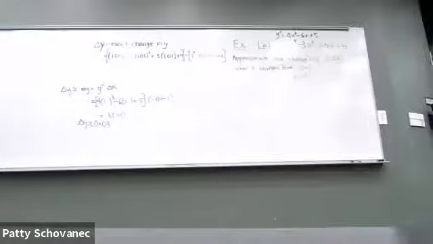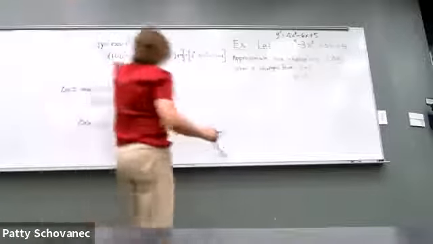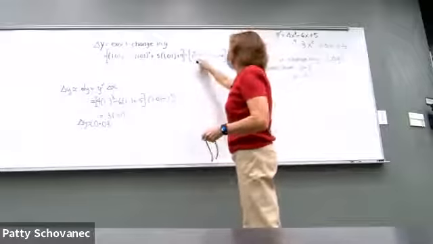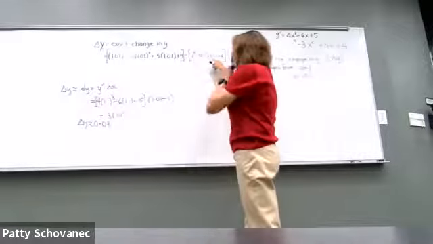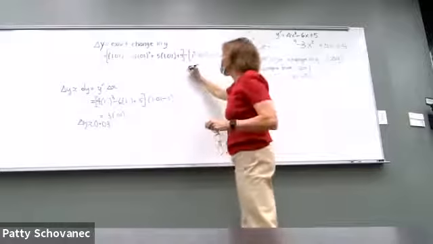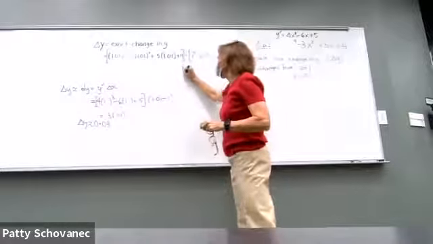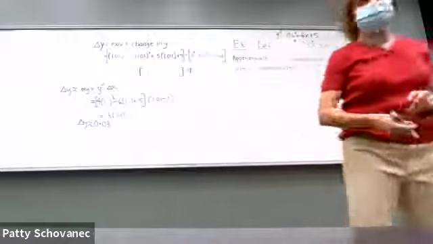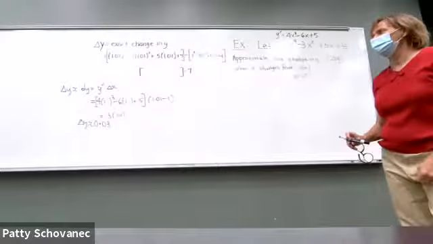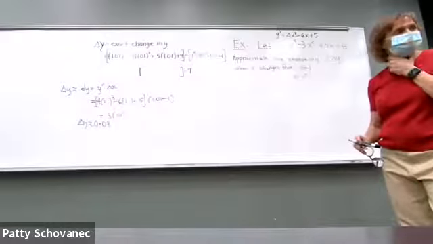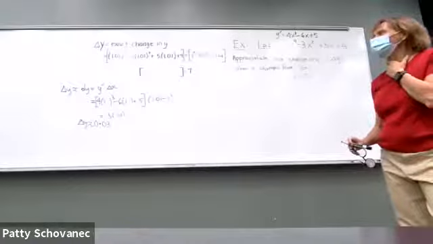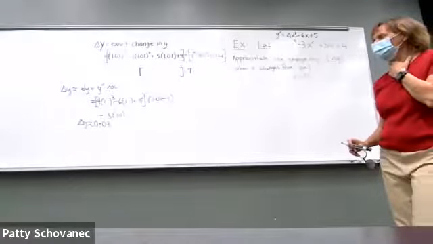Let's check. We've got a calculator in here. Somebody give me this number. 1 minus 3 is negative 2. Negative 2 plus 9 is 7. And I need somebody with a calculator to give me this number. I can get 3.